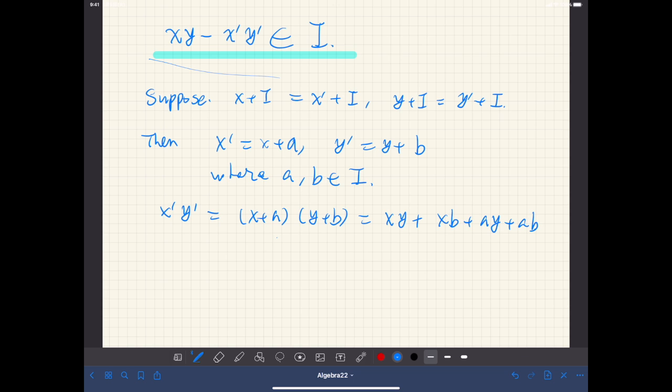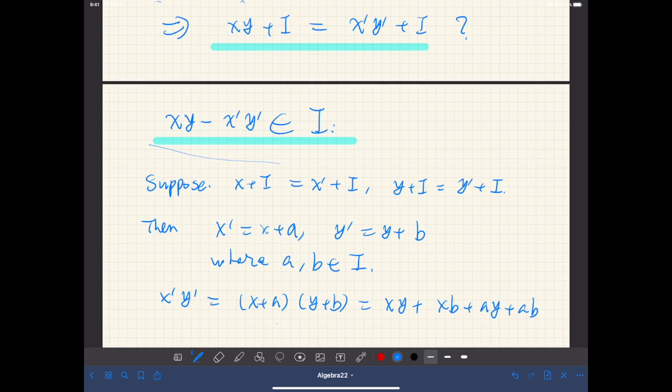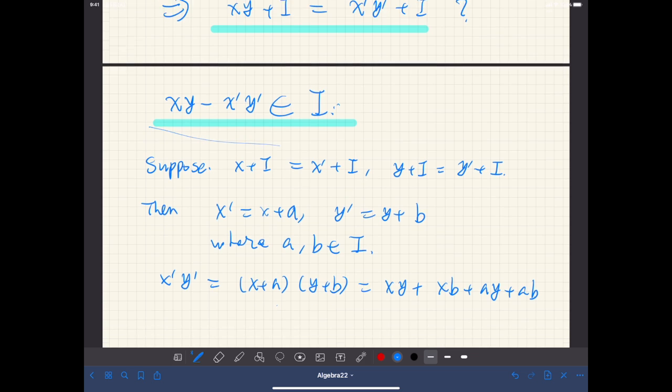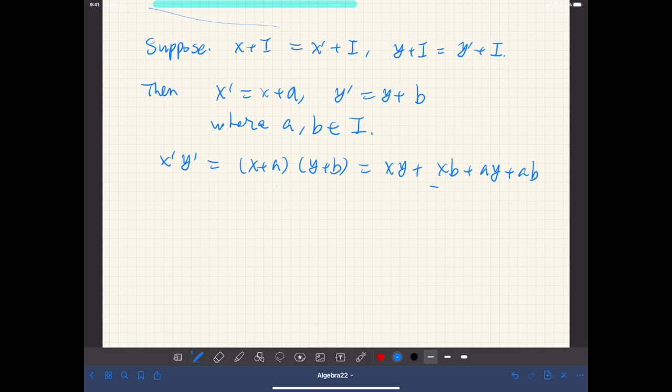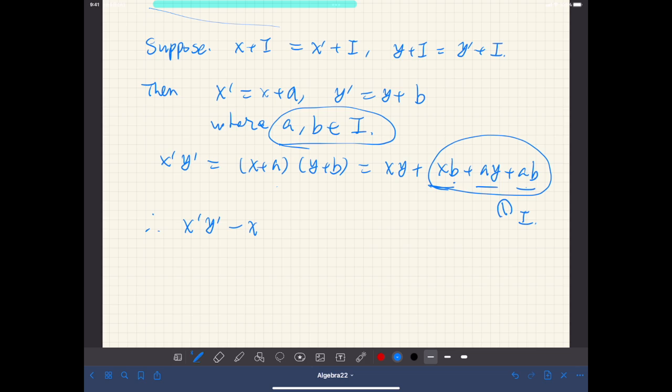Okay, and since I is an ideal, this means a two-sided ideal. So A, B, they are both elements of the ideal, so all these elements are elements of the ideal I. Therefore, x prime y prime minus xy is an element of the ideal.